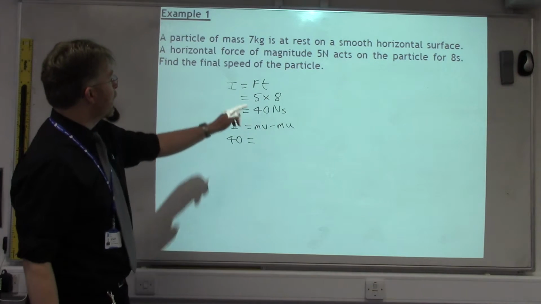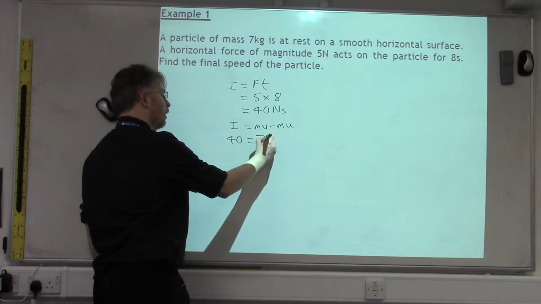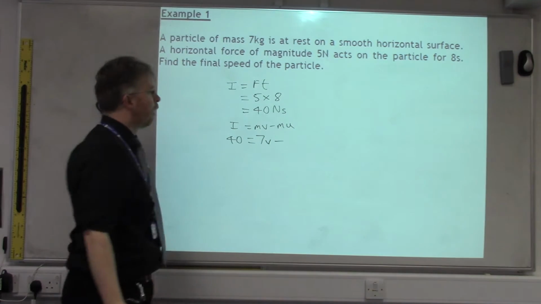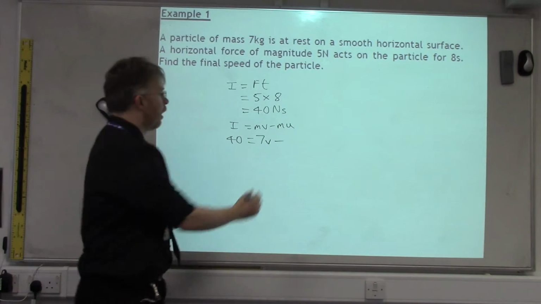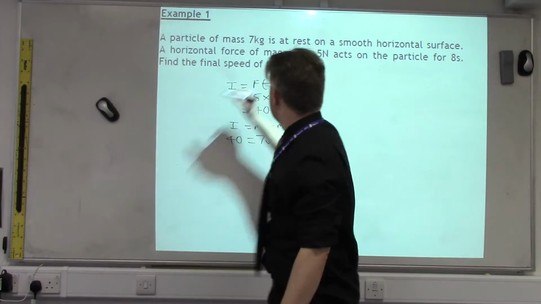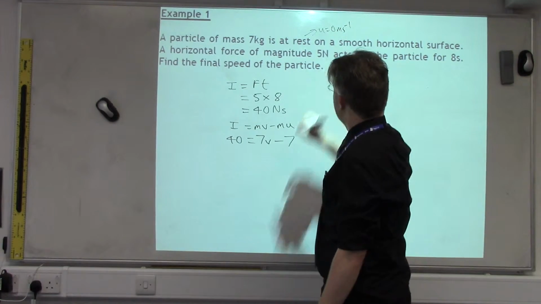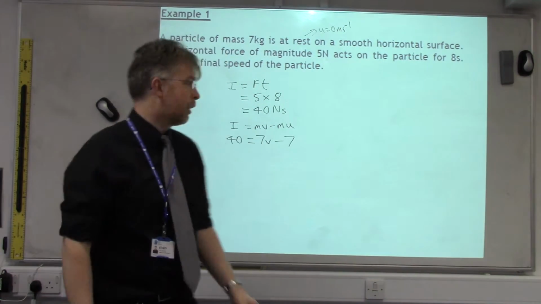We know what the mass is, it's 7. We want to find the final speed, minus 7 times the initial speed. It was at rest, so the initial speed is 0 meters per second.